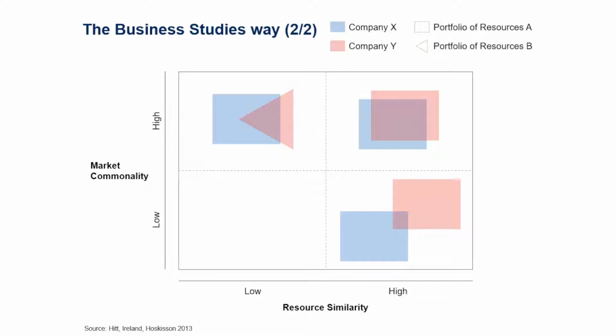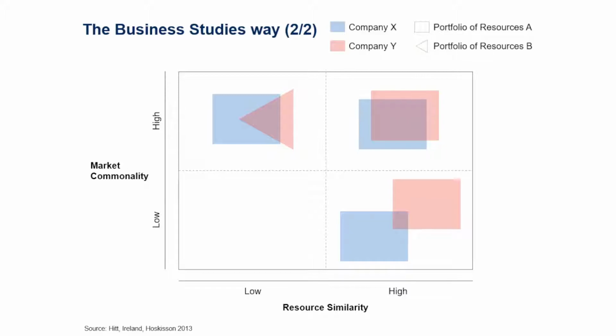The next example is a situation where we have low resource similarity, but very high market commonality. An example for this one could be Lotus, again, and Gourmet Market, which is a premium supermarket here in Thailand. Now, in terms of resources, Gourmet Market has much more services attached. It is more premium.